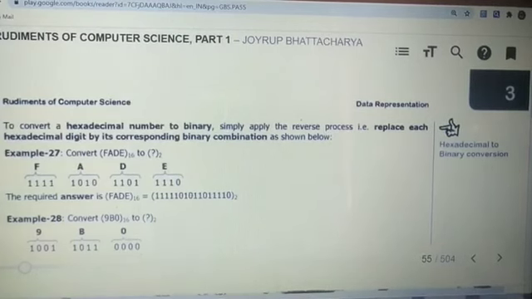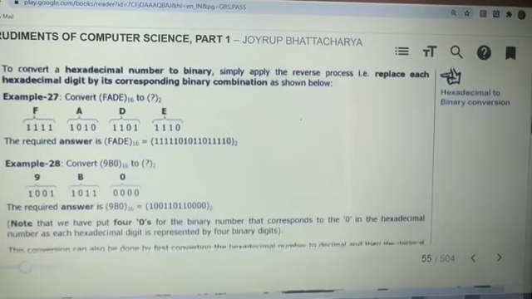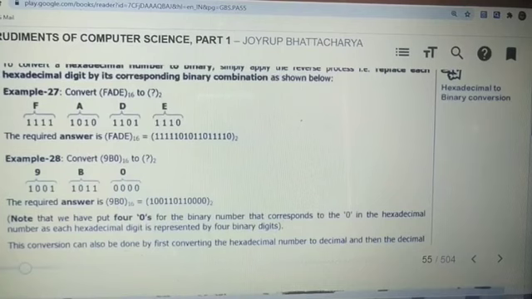Another example is 9B0. 0 in 4 bits is 0000. B means 11, since A means 10 and B means 11, which is 1011, and 9 is 1001. In this way we can represent a hexadecimal value in binary.